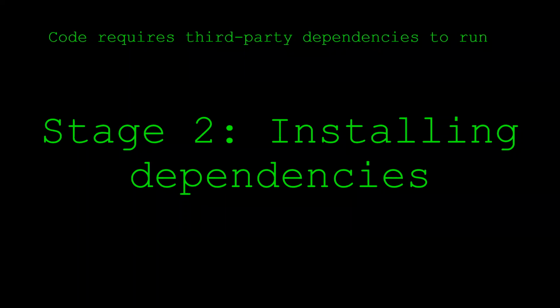Sure, your code needs those dependencies in order to run, but they're not part of it. If you store a specific version of a dependency inside your version control, it's going to be a mess really quickly, especially if you want to upgrade your dependencies as well. So please don't store those dependencies in your version control.